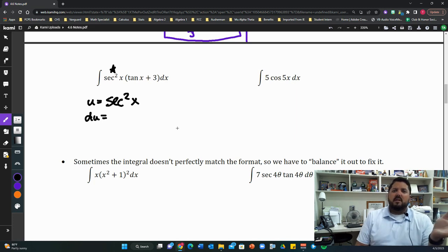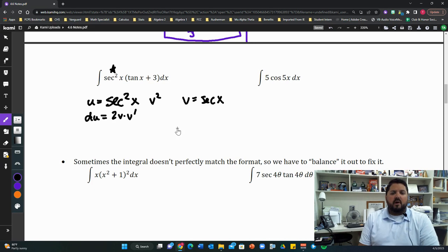But let's say that that is the case, and I wanted to try and do that. To take the derivative of secant squared, that would mean that secant is on the inside, and this guy is really v squared, and the derivative of v squared is 2v times v prime. The derivative of secant x is secant x tangent x.